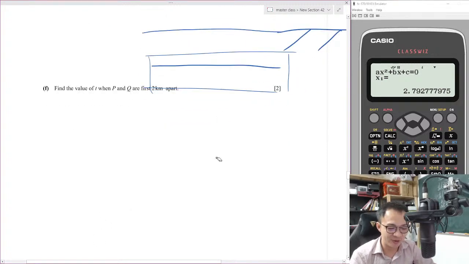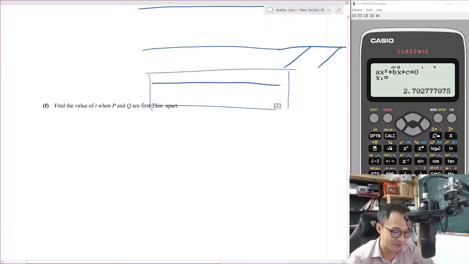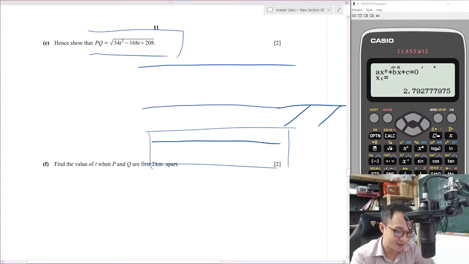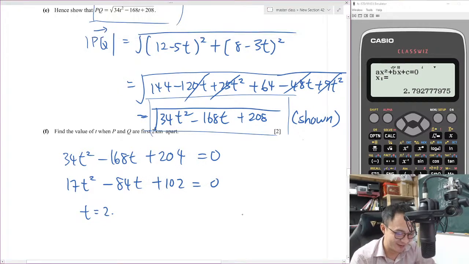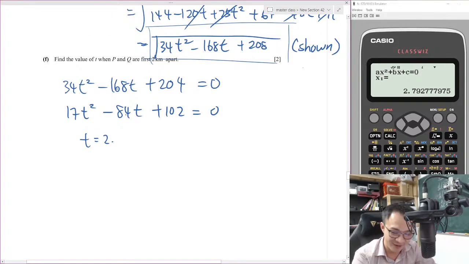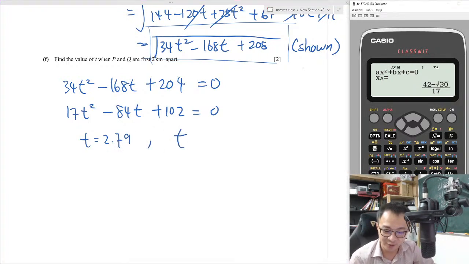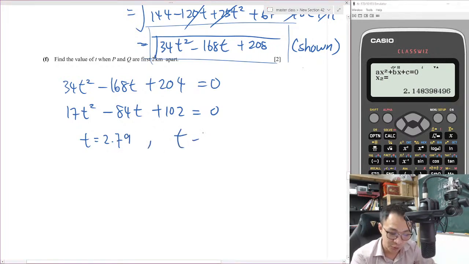I don't know what happened to my OneNote again; whatever I wrote just now is gone. Okay, it's here. 2.79. And then another one, t will be 2.15.